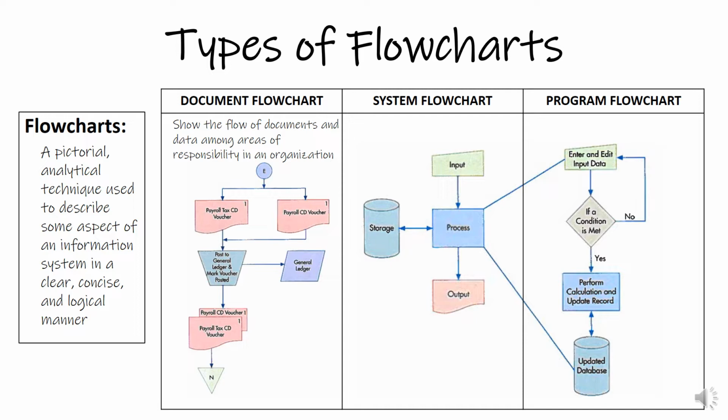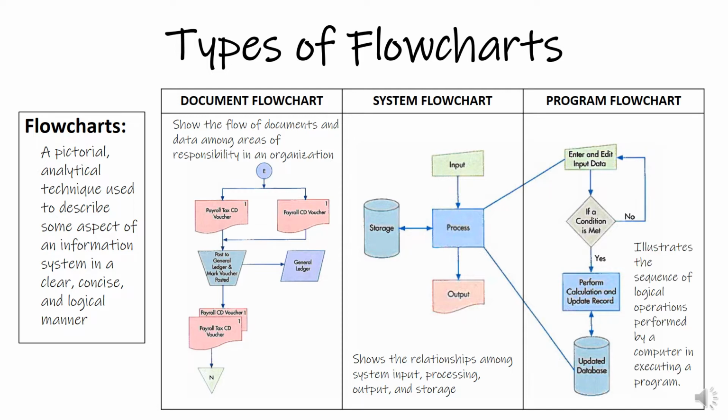A second type of flowchart is the system flowchart, which shows the relationships among the 4 components of an accounting information system: input, process, output, and storage. A specific component of a system flowchart is the program flowchart, which illustrates the sequence of logical operations performed by a computer in executing a program.